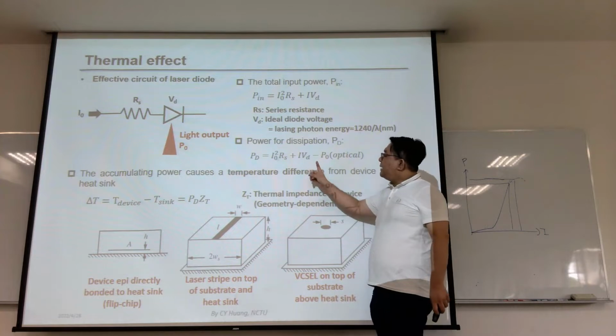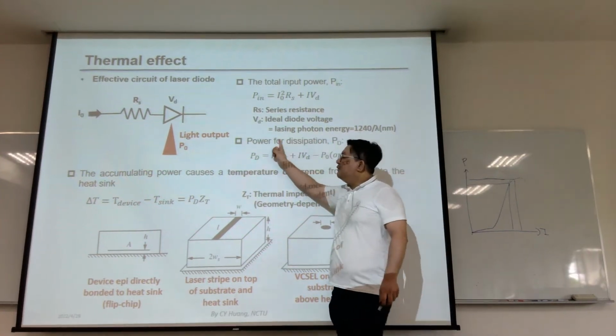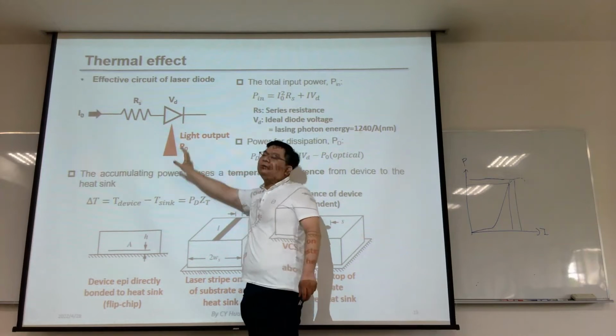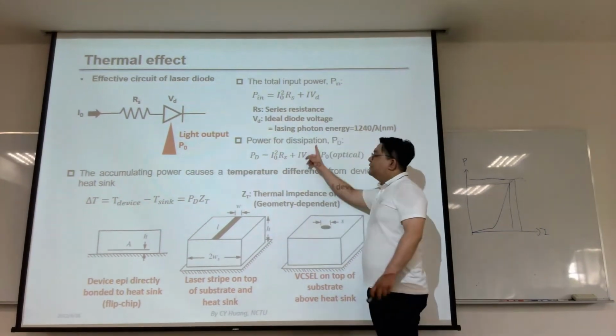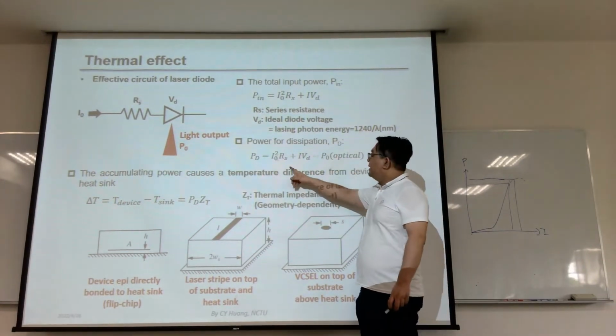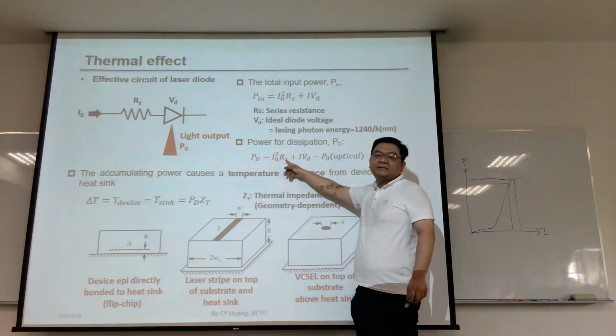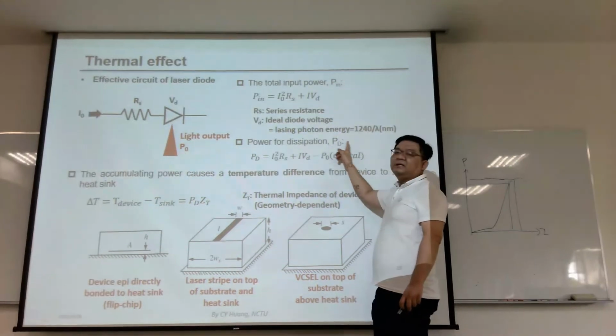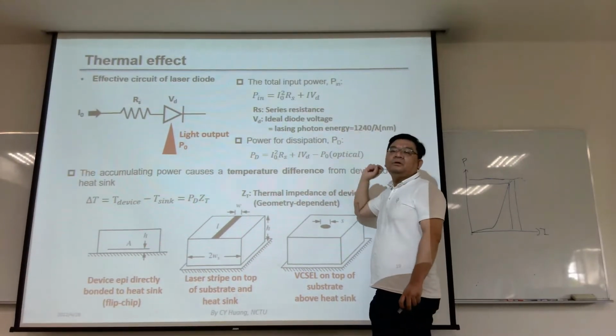The photon energy doesn't contribute heat, but the rest of it will. So the power for dissipation will be I0 squared Rs plus I0 VD minus the output power you measure.